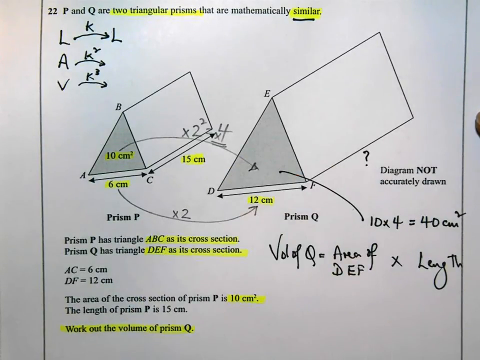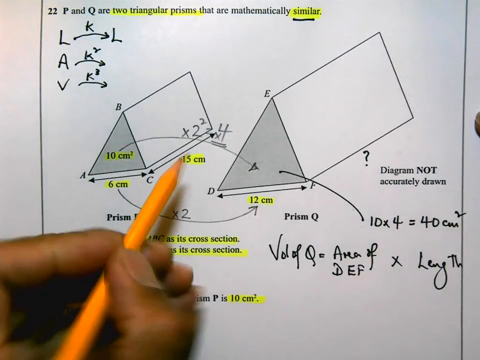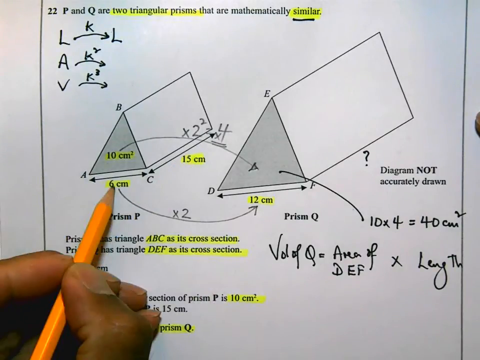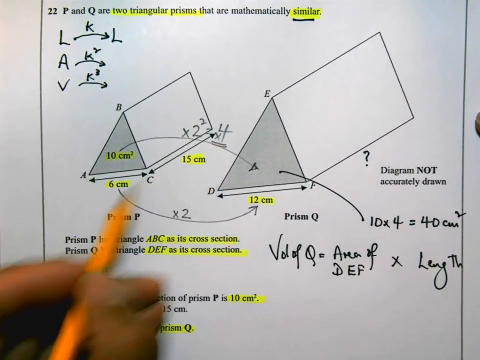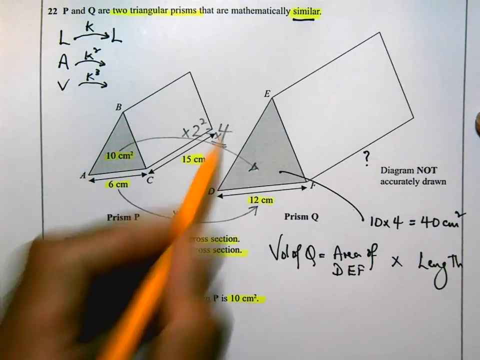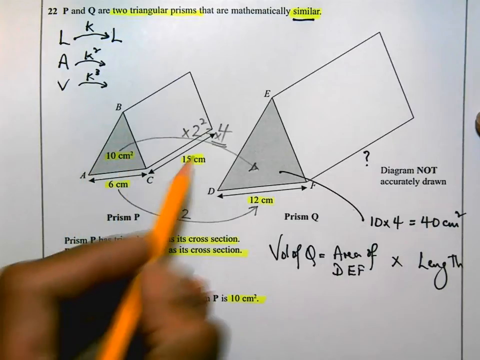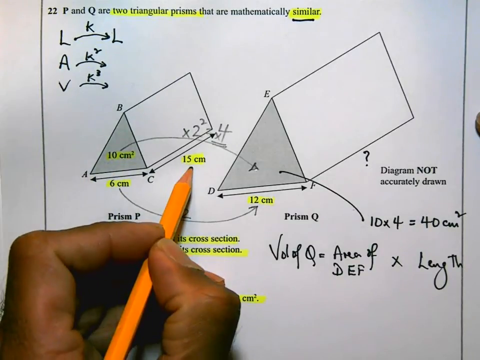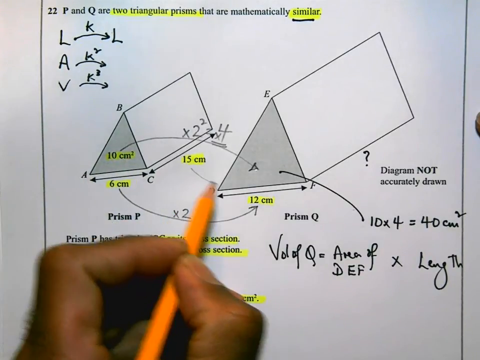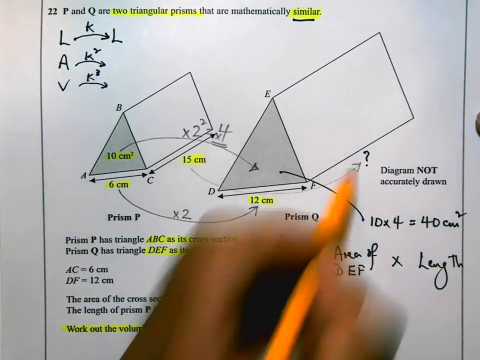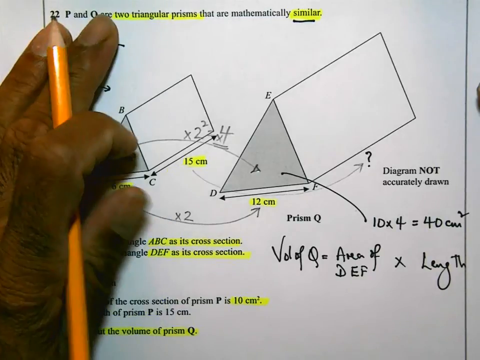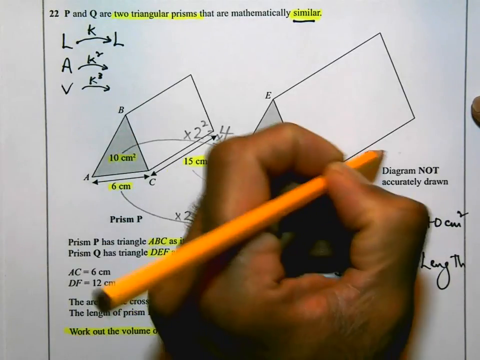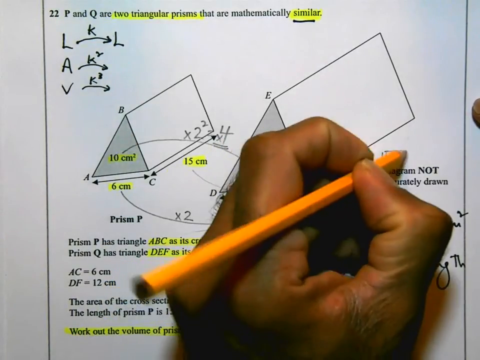However, what I do know is that the multiplier for lengths is 2, and I know how far back prism P goes. It goes back 15. So if I use that same multiplier to work out how far back prism Q goes, that's going to be 15 times 2, which is 30.